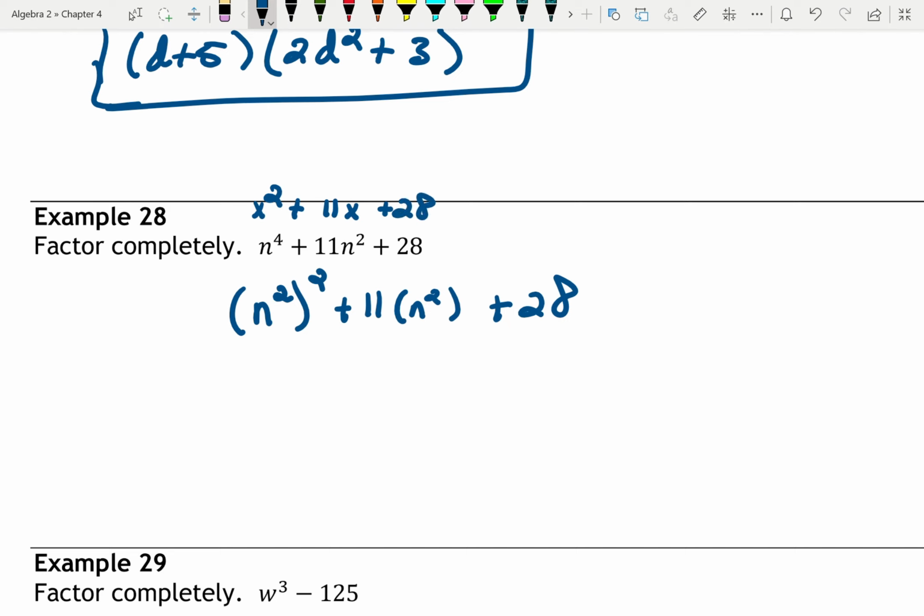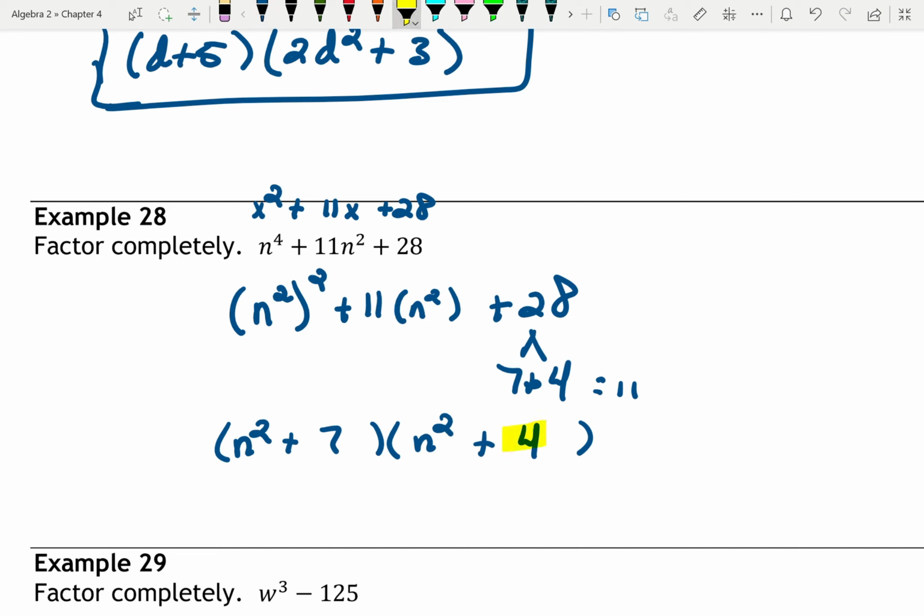But whenever we factor it, we can't just write x, we have to write n squared. So I look for numbers that multiply to be 28 and add up to be 11. I am thinking 7 times 4. 7 times 4 is 28, 7 plus 4 gives me 11. So I'm going to have two sets of parentheses here, n squared plus 7, and then n squared plus 4.